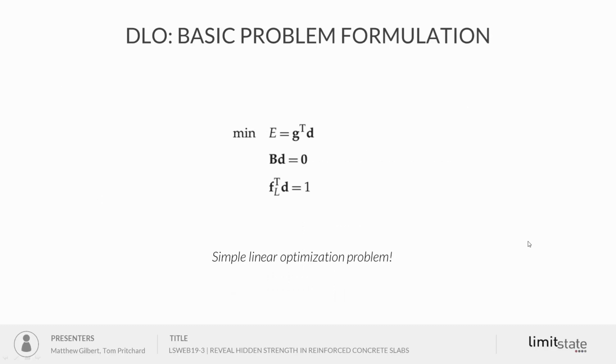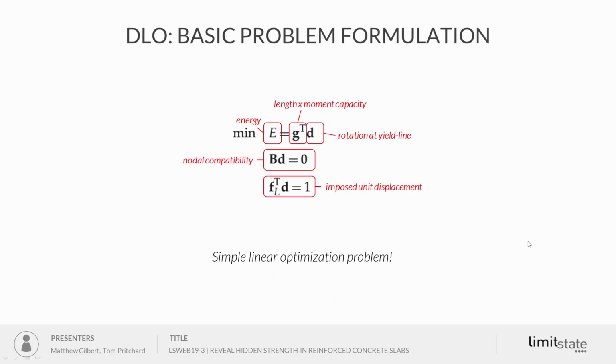In terms of the mathematics, this is basically all there is to it. You minimize the energy subject to compatibility constraints and a unit displacement constraint according to the principle of virtual work.